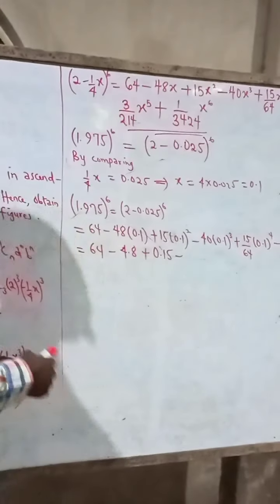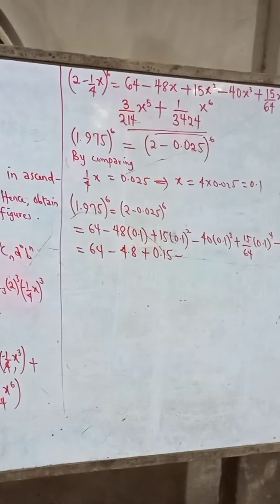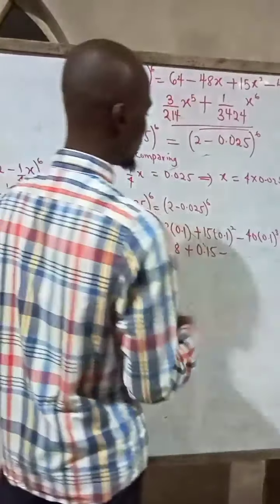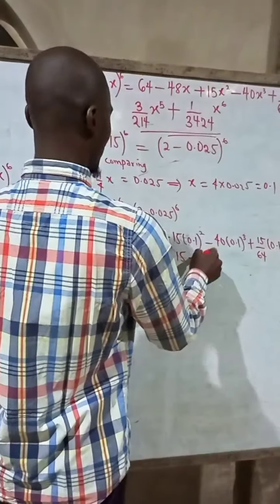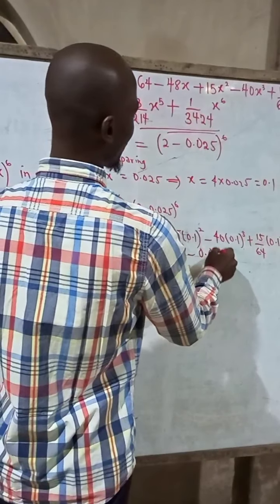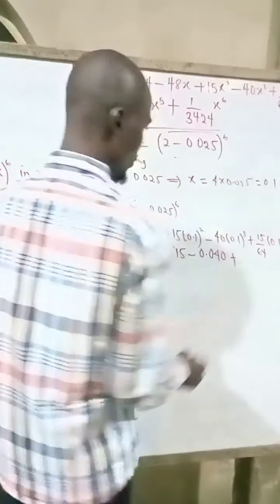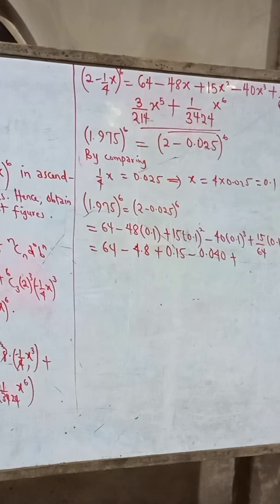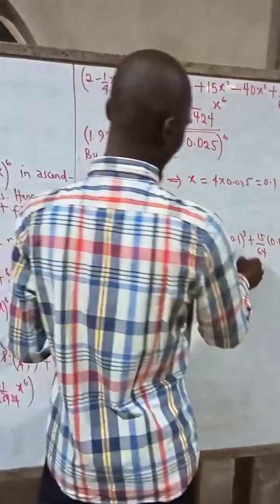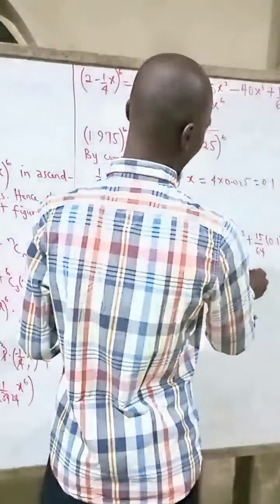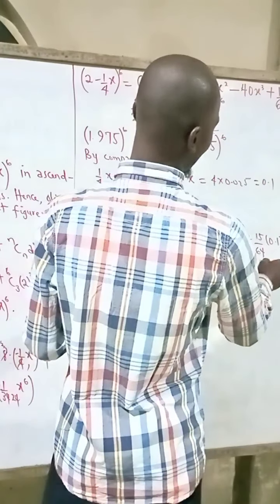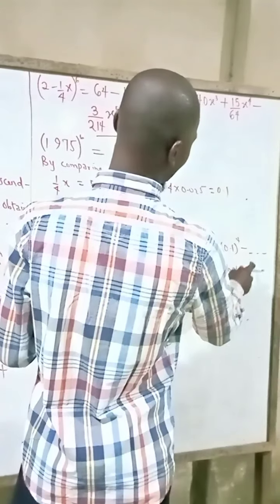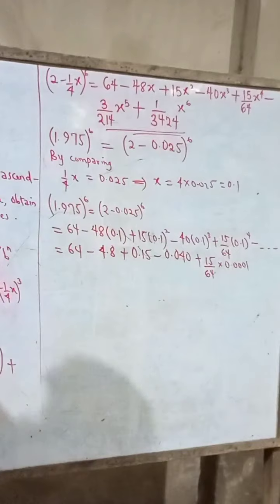Minus 0.1 raised to power 3, that will just be 1 all over 1000. That's 40 all over 1000, which is the same as 0.040. Plus 0.1 raised to power 4, that's going to give me 1 all over 10,000, which is 15 all over 64 times 1 over 10,000. That's what we are going to have.